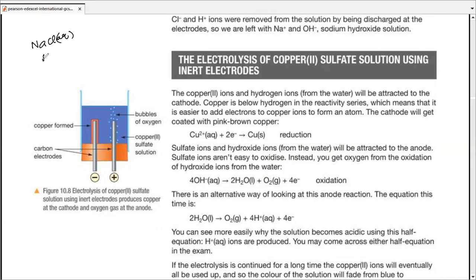So we had this positive ion, this negative ion. From aqueous, meaning water, we had this positive ion and we had this negative ion. So this goes to the cathode, this goes to the anode. These two remain in solution, so they form a third product.